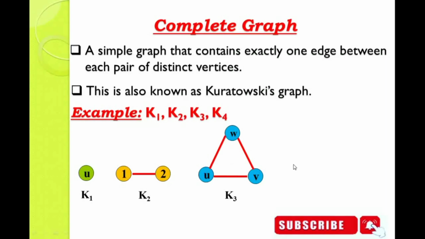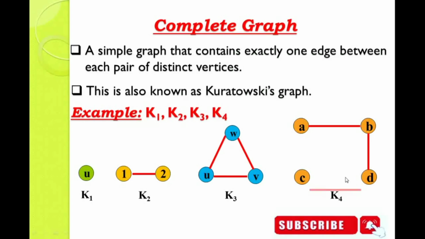Okay, let us see one more example, K4. K4 means we consider four different vertices. So we have to draw the edge between every pair of vertices. First, A to B, one pair. So we draw the edge between A and B. Next B to D, one pair.